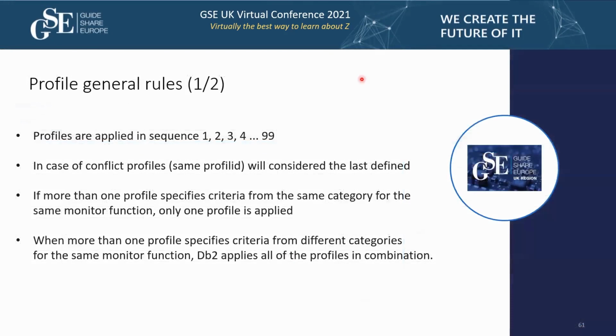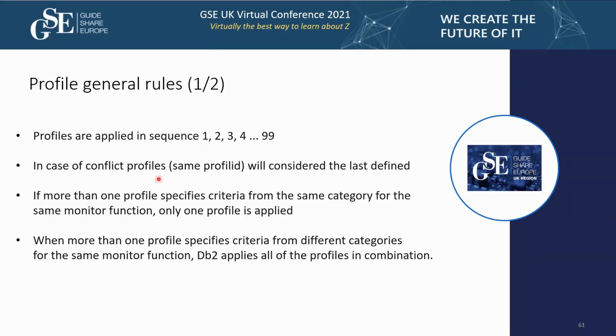Lastly, some notes regarding general rules. When you start to use profiles, your profile tables can become considerable in terms of number of rows. So remember that there are some rules to govern different Db2 profiles. For example, profiles are applied in segments 1, 2, 3, and so on.